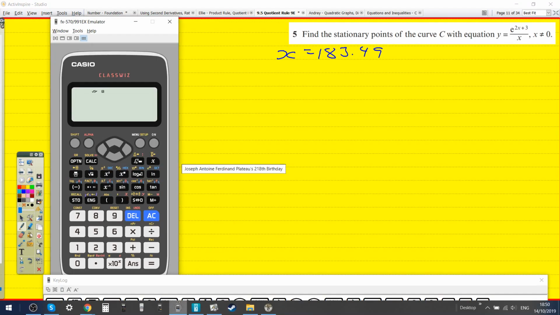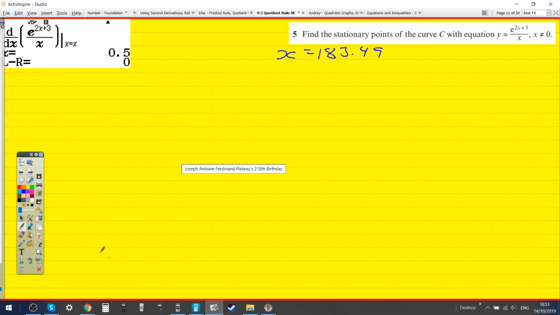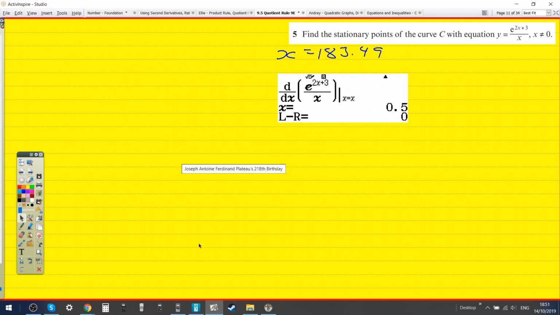Yeah, and you can try using your answer key. So I got x is 0.5.